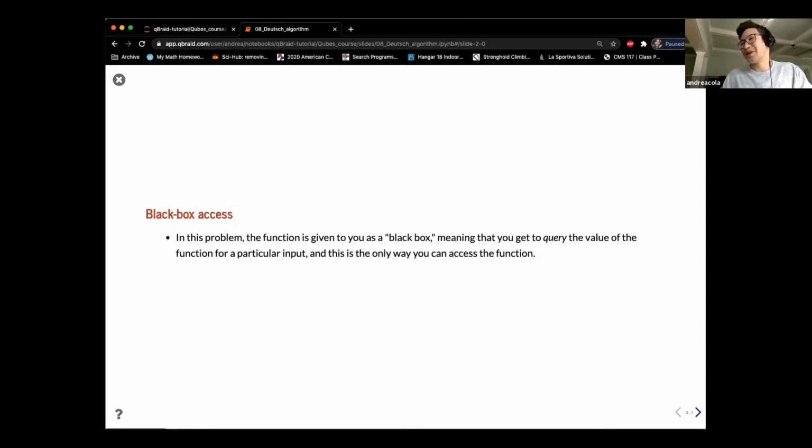And this is the only way that you can access the function. This is called black box access. It's as if you have a black box on your table. All you can do is put in an input, like pressing the button on the machine, and then you'll get the output. But you don't actually get to see the inner workings of the function. Now, of course, this is a very simple function. There's only 4 possibilities.